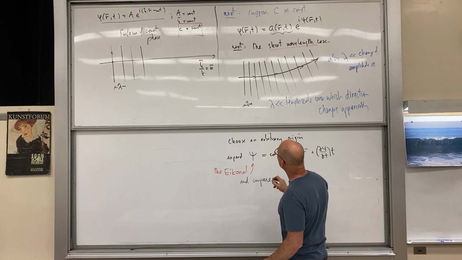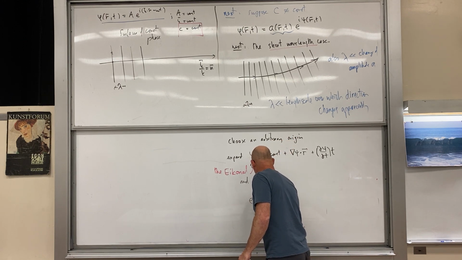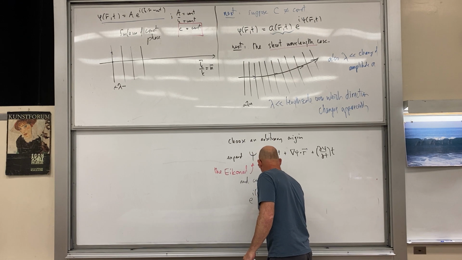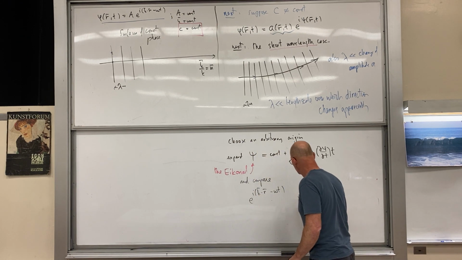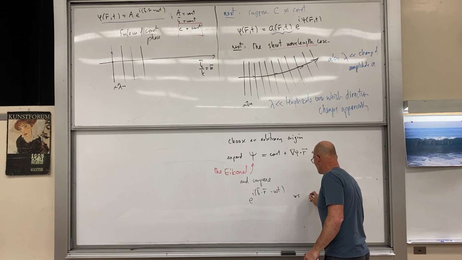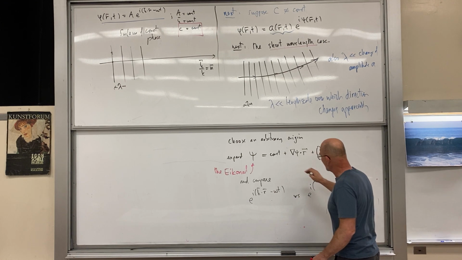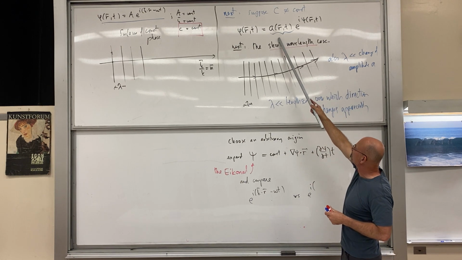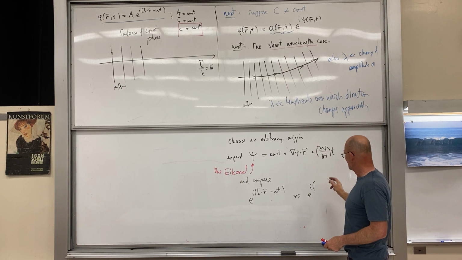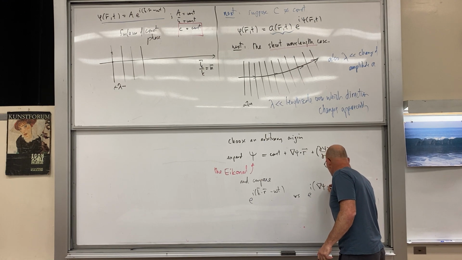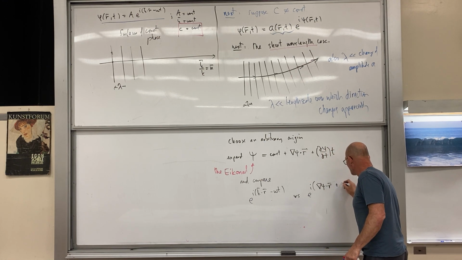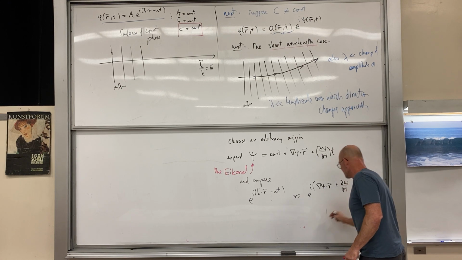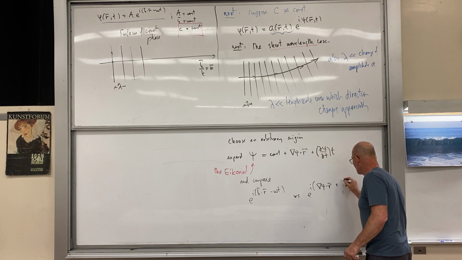We compare e to the i (k dot r minus omega t) versus e to the i times the constant, which just absorbs into the constant there, plus gradient c dot r plus dc/dt times t.